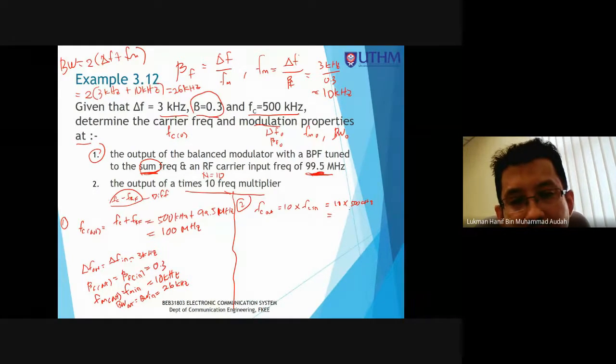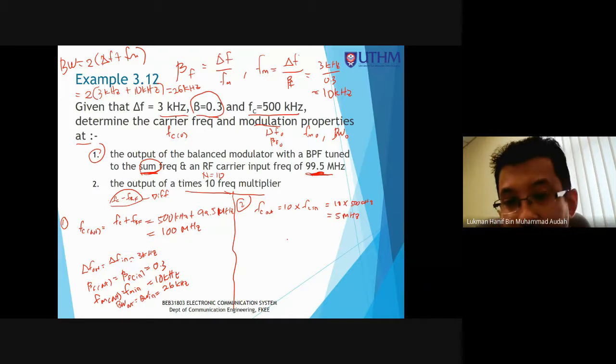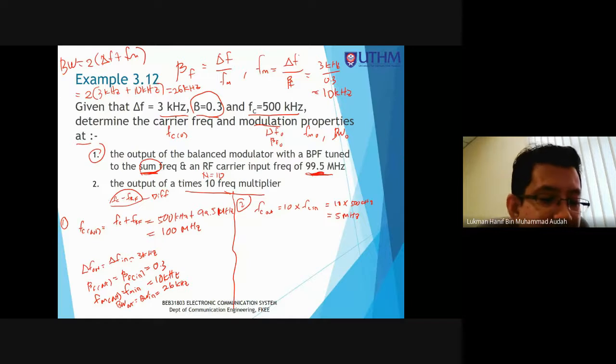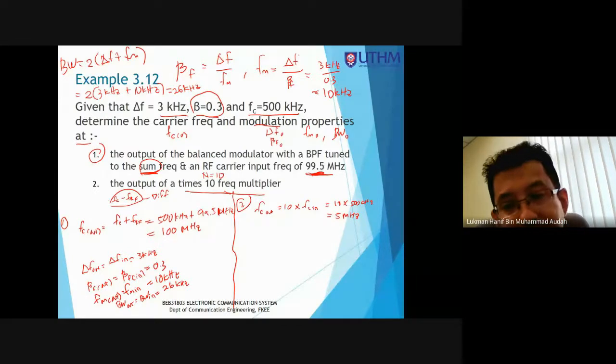Okay, so we get 500K times 10, 5,000 kilo, so that means 5 megahertz. Okay, 5,000 kilo means that 5 megahertz. And then what?